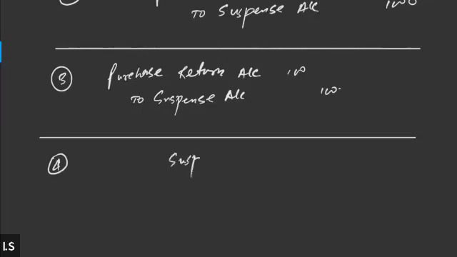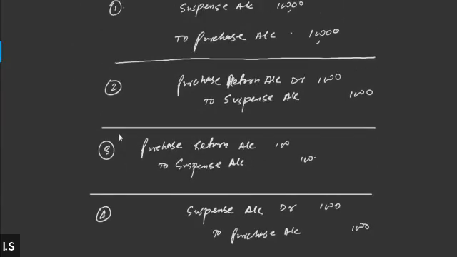So suspense account will be debited to purchase account. Amount was 1000. Clear, Alexander? Any doubts? Clear, sir.